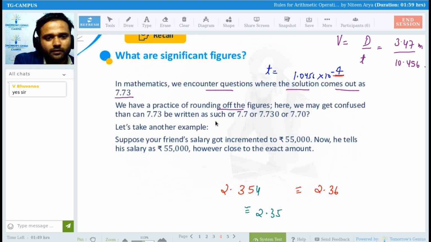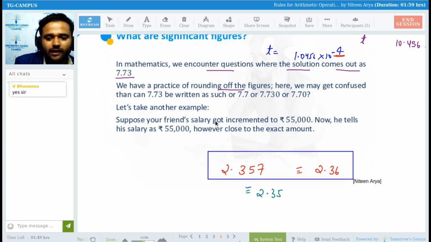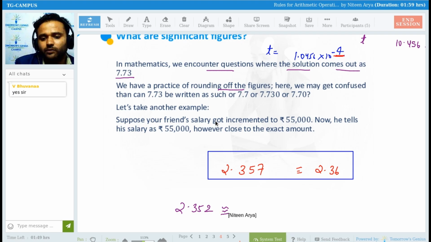Okay, I repeat this thing. If it is more than 5, then this is your rounding off. And if this particular decimal is 2.352, then it is going to be rounded off to 2.35.